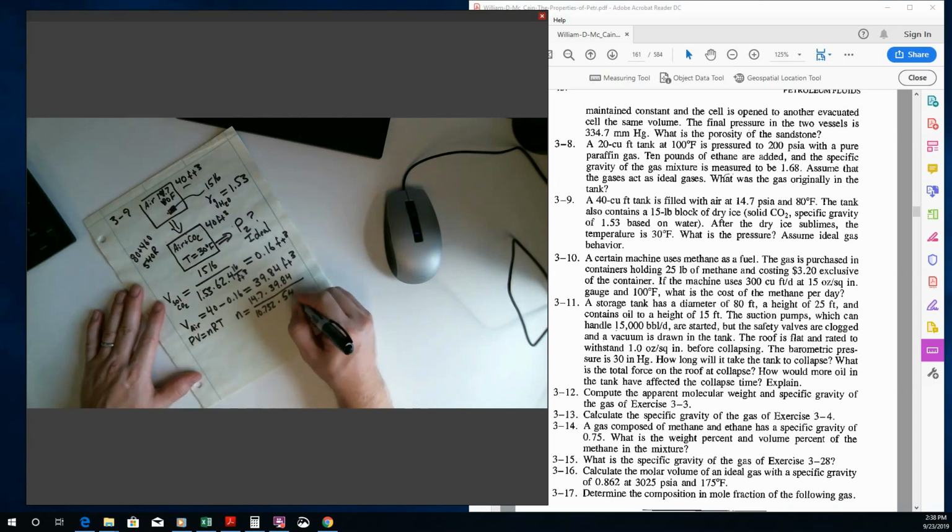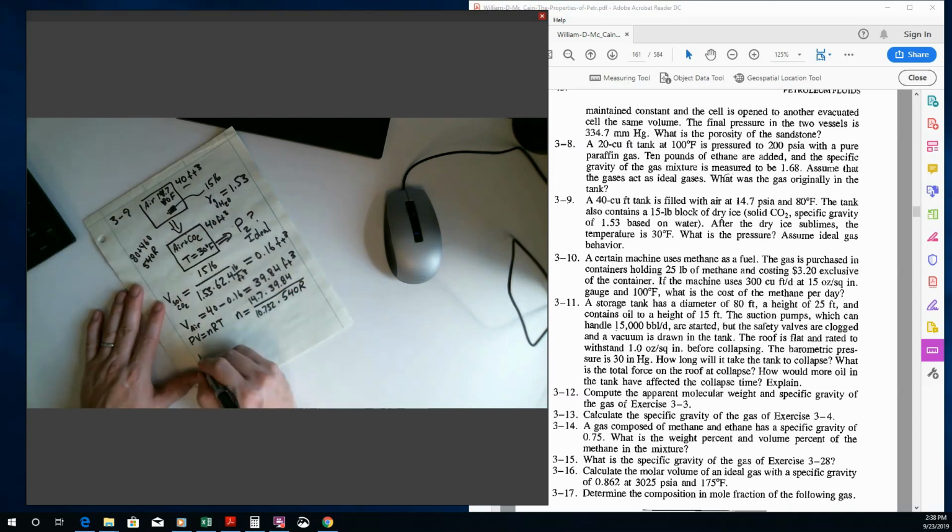So if we run that calculation, N equals 0.101 pound moles of air.